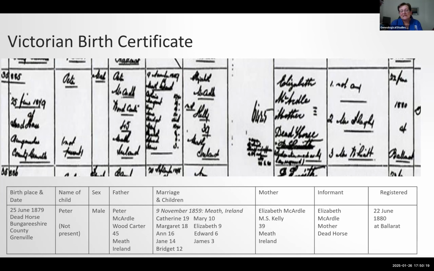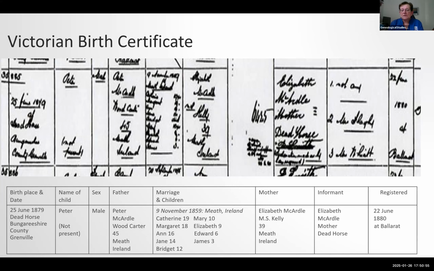Another one here, you can see how you've got those bits of information. This is where I was talking about in some of the registries, you've got those little bits of information at the side, and that's just an addendum where he's made a mistake. She's living in Deadhorse, Bungaree Shire, and she was also born in Meath, Ireland, and she's aged 39.